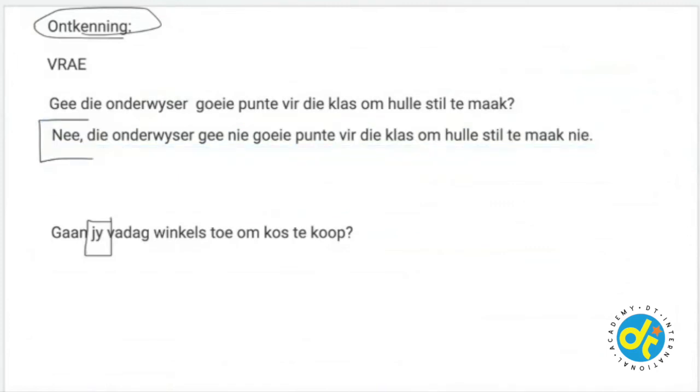So you can focus on two important things here. When you do denial, when they want you to start with nee, then you leave the nee there, but you begin your sentence in the negative with subject, verb 1, negative 1, and you remember that the second negative goes after your infinitive. Okay, so that's what you did correctly there.